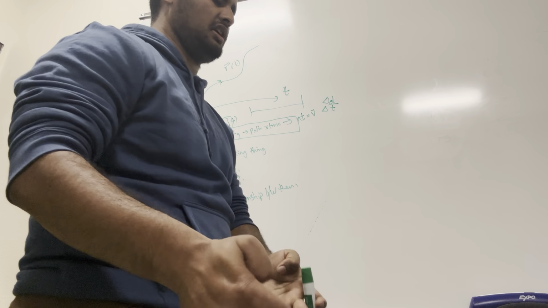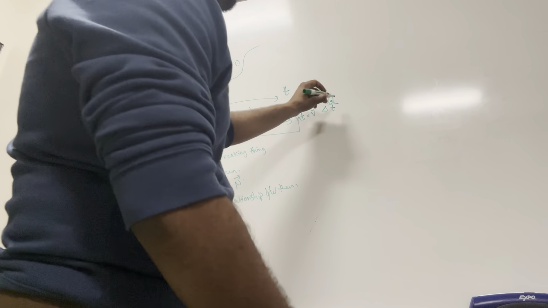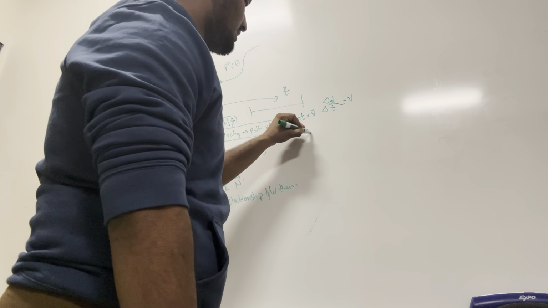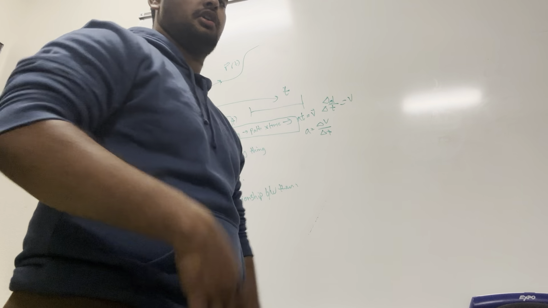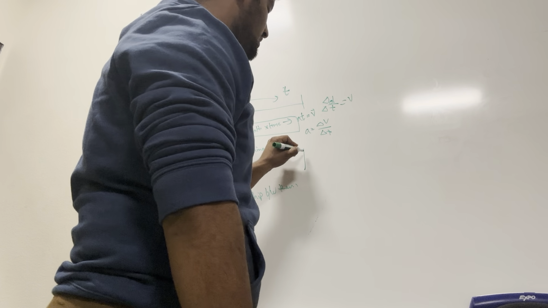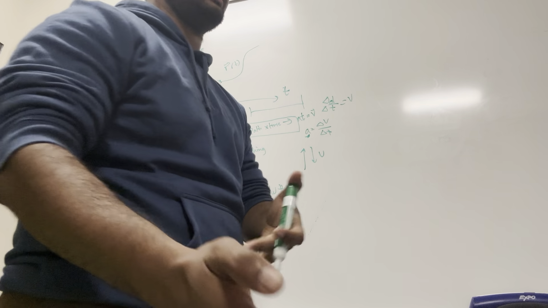So, which basically means how much I traveled and in what time I traveled, which gives you velocity. And lastly, acceleration is described as the rate of change in velocity per unit change in time. So if there is an increase or a decrease in velocity, we say acceleration is increasing or decreasing.